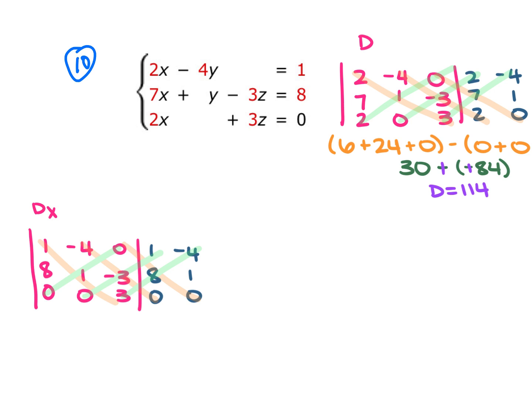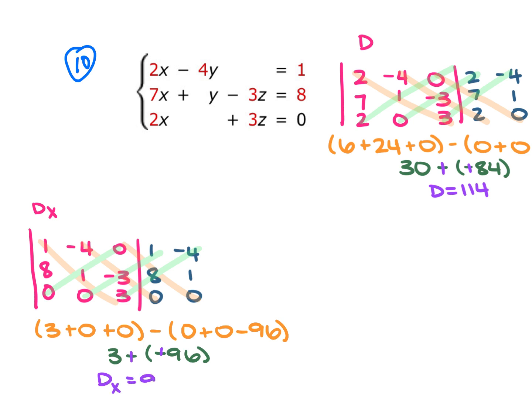So from top to bottom, 1, 1, and 3 is 3. Negative 4, negative 3, and 0 is 0. 0, 8, and 0 is 0. From bottom to top, 0, 1, and 0 is 0. 0, negative 3, and 1 is 0. 3, 8 is 24 times negative 4 is negative 96. So that's going to give you 3 minus a negative 96. Double negatives turn to positives. So d sub x is 99.